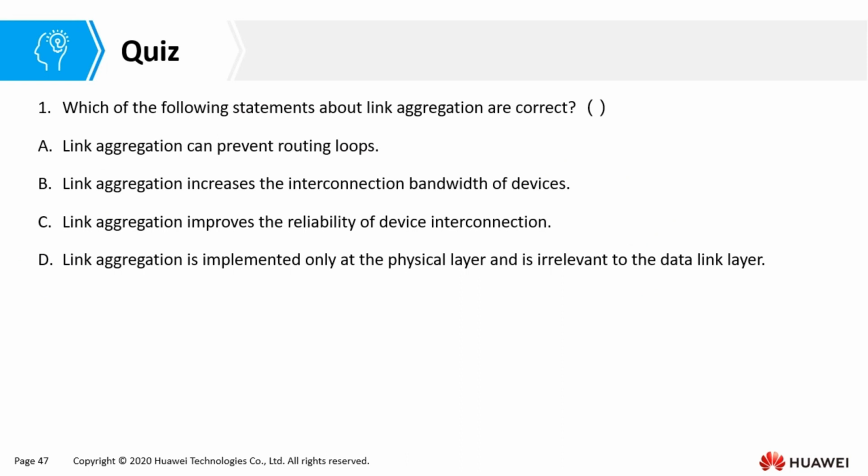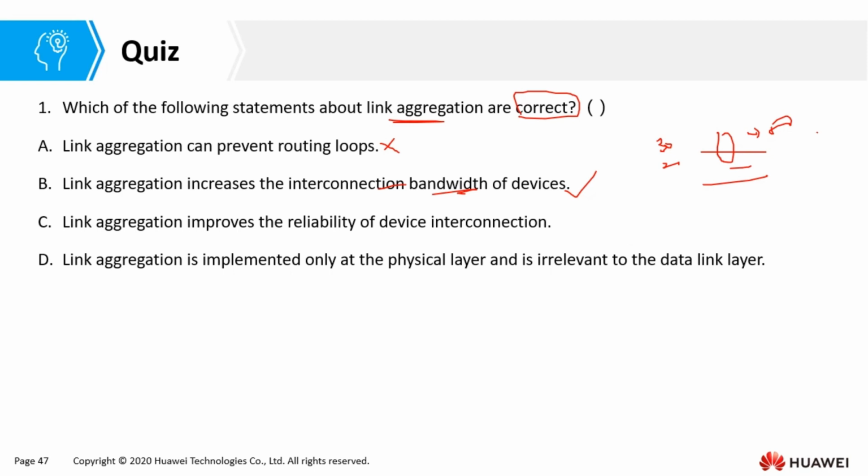Next, we will find out which one is correct for link aggregation. Link aggregation can prevent routing loops? No. STP can prevent them, but link aggregation cannot. Link aggregation increases the interconnection bandwidth of the device? Yes, because you can have a difference. For example, this one has 30 and 20, so you can trunk them to offer 50 bandwidth.